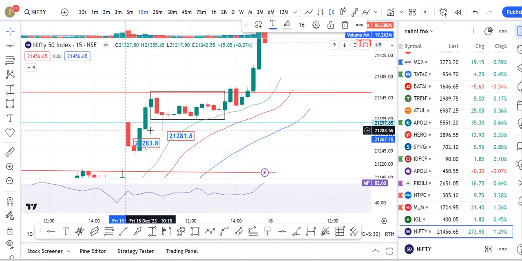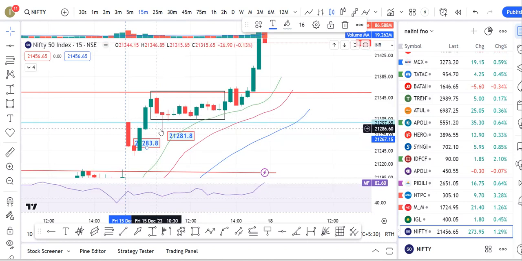So definitely there will be buy stops and sell stops below this candle. So what happened? The market went up and it came back. You can see the liquidity sweep over here.